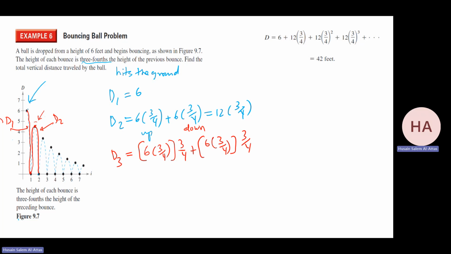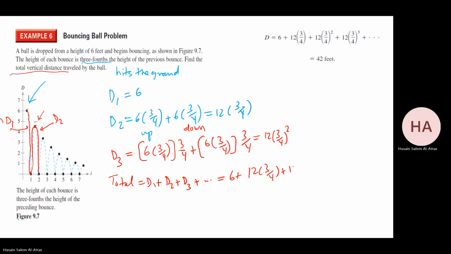And again, the total vertical distance traveled will be D1 plus D2 plus D3 and so on. That will be 6 plus 12 times 3 over 4 plus 12 times 3 over 4 squared, and so on.